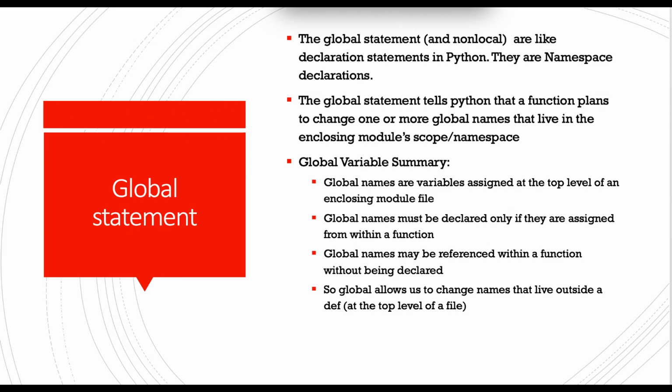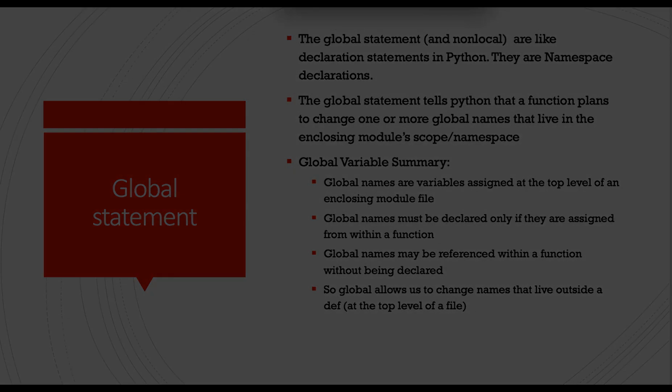Global names are variables assigned at the top level of an enclosing module. Global names must be declared only if they are assigned from within a function. Global names may be referenced within a function without being declared. So global allows us to change names that live outside a def at the top level of the file.